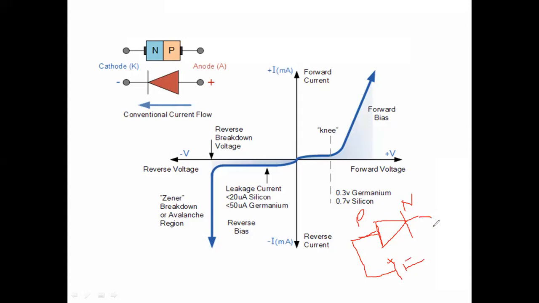If you connect like this, it is called a forward biased diode.